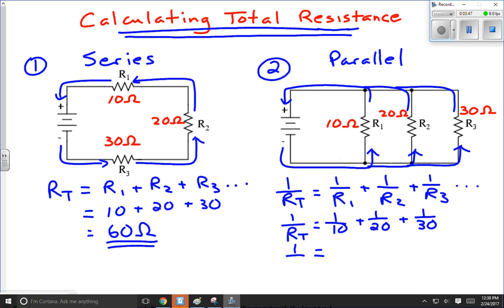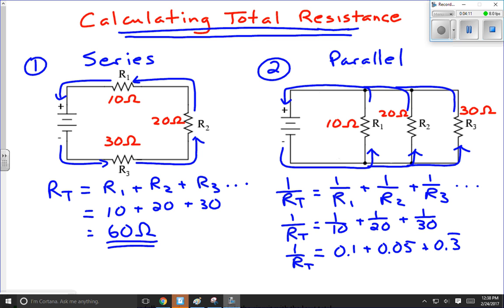So 1 over RT is equal to 1 divided by 10 is 0.1. 1 divided by 20 is 0.05. You just do that on your calculator. Plus 1 divided by 30, again, do that on your calculator. That's 0.3 repeating.